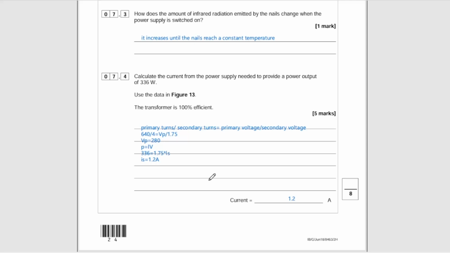And because we have the primary and secondary turns and the secondary voltage, we can rearrange it to get a primary voltage of 280 volts. And then we just use the formula P equals IV, 336 equals 1.75 times Is, and we get a current of 1.2 amps.